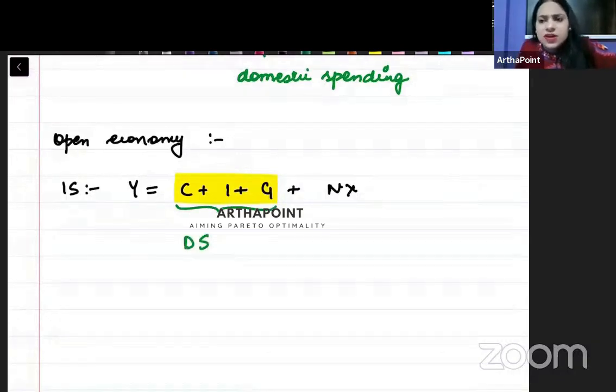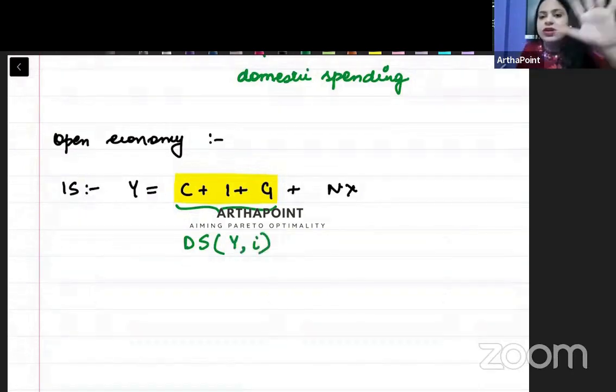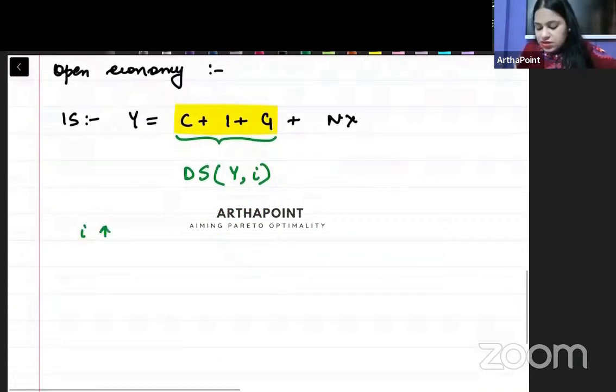Domestic spending किस चीज का function था? What is it a function of? Well, simple, income and interest rate. जो IS कर्व बन रहा था आज तक वो इनकम और इंटरेस्ट रेट के बीच में तो बन रहा था, right? So domestic spending was a function of income and interest rate. When interest rate was increasing, investment was decreasing.